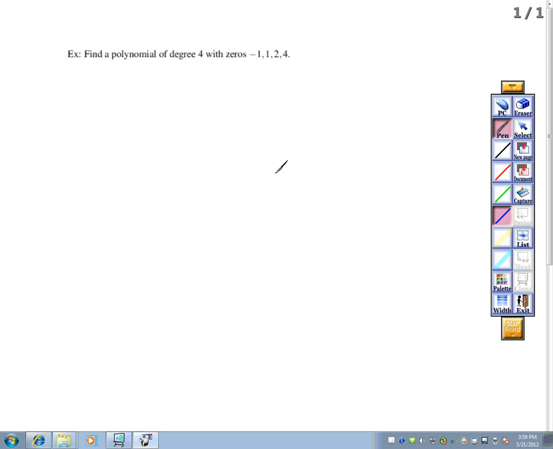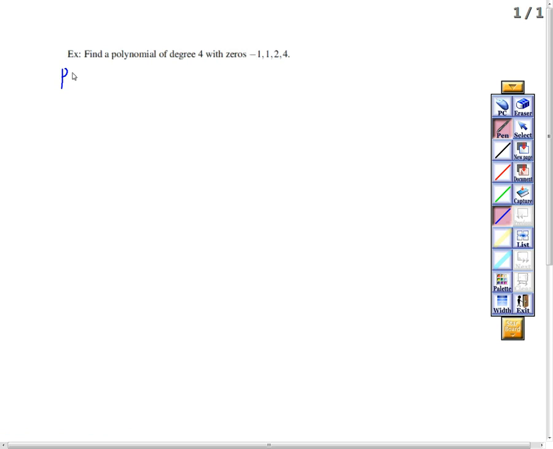Find a polynomial of degree 4 with zeros -1, 1, 2, and 4. Okay, so we know that our polynomial has these zeros, which means x minus -1 is a factor, x minus 1 is a factor, x minus 2 is a factor, and x minus 4 is a factor.